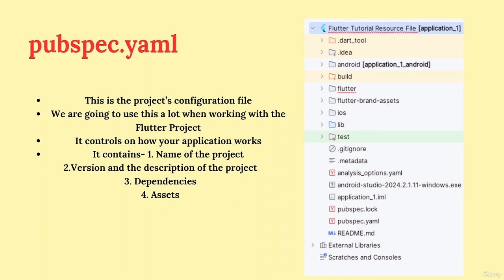As I was telling you, most of the time while working on our Flutter application, we are going to be using the lib folder, and the remaining 1% is the pubspec.yaml file. So while creating an application, we are going to use both of these files for manual changes.